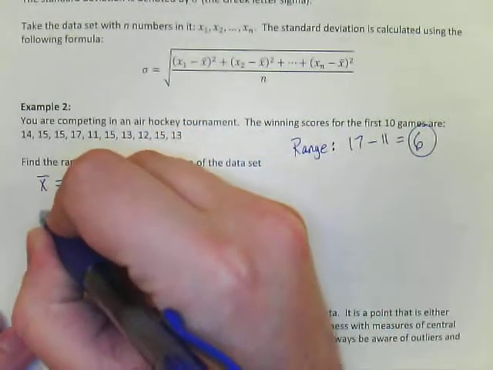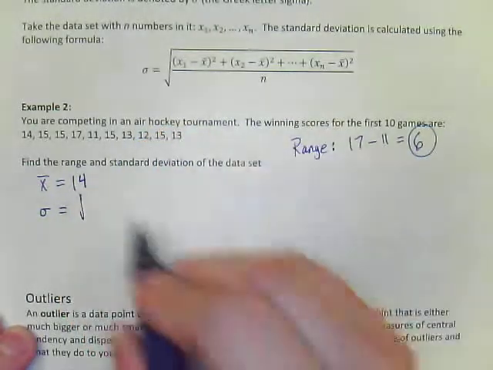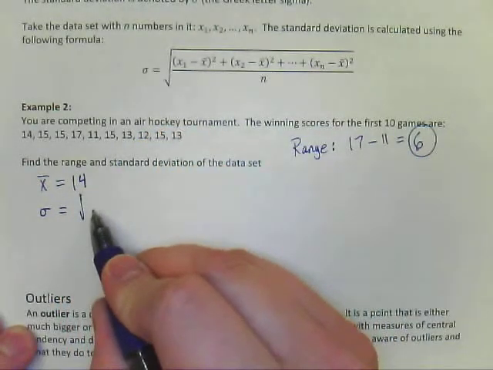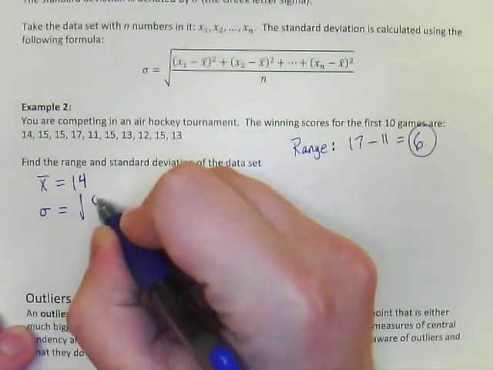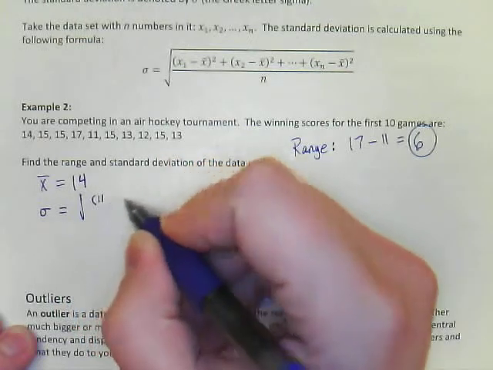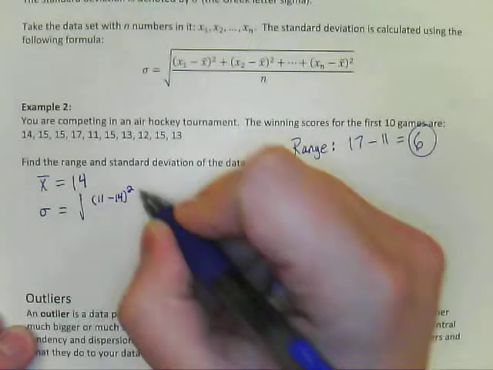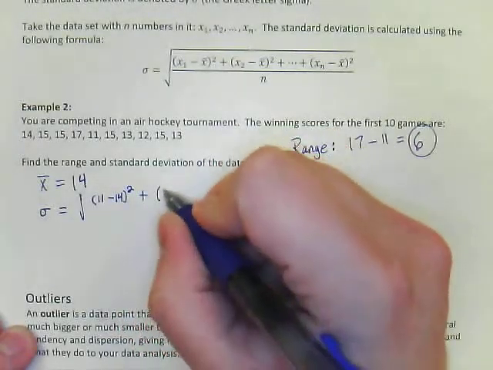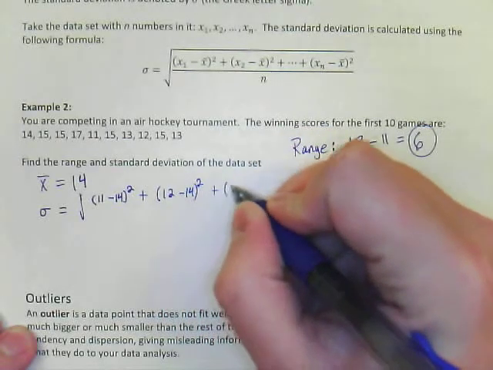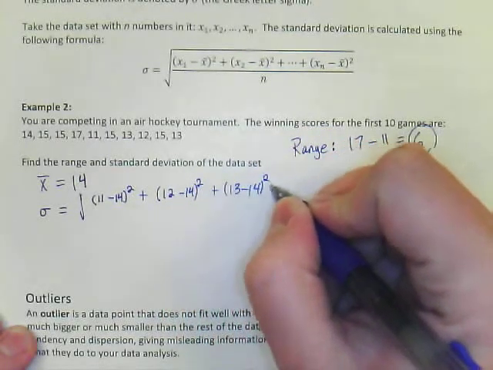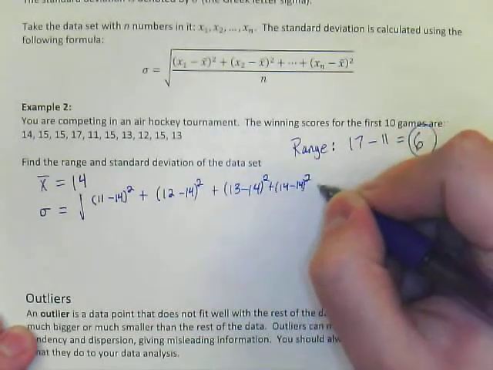So let's start calculating. Standard deviation is equal to the square root, and I'm going to leave that for now so that I can draw it once I've got all the data written out here. We're going to take the first data point, and I'm just going to do these in order. The smallest one is 11, then minus the average, which is 14, and then square it. Add to that the next biggest data point, which is 12, subtract the average and then square it. Then 13 minus the average, square it. 14 minus the average and square it.